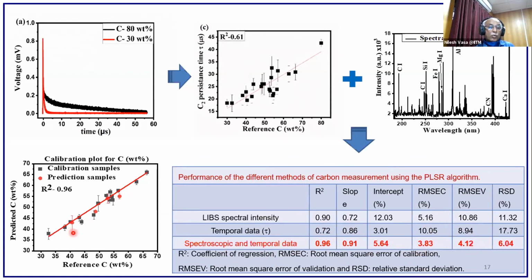And this variation, which is shown in terms of error bars, is also attributed to the homogeneity of the coal sample itself. So that also varies from point to point. Hence, while doing the laser ablation with a rotating target, we will have some error bars, but that error bar was also very much within control.